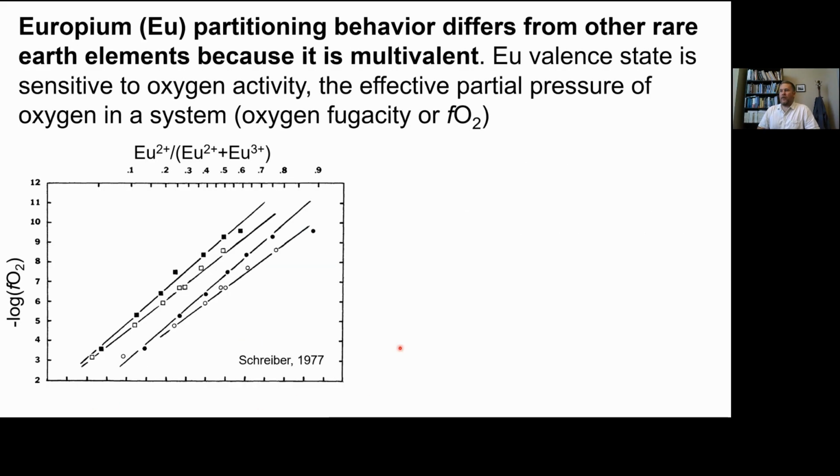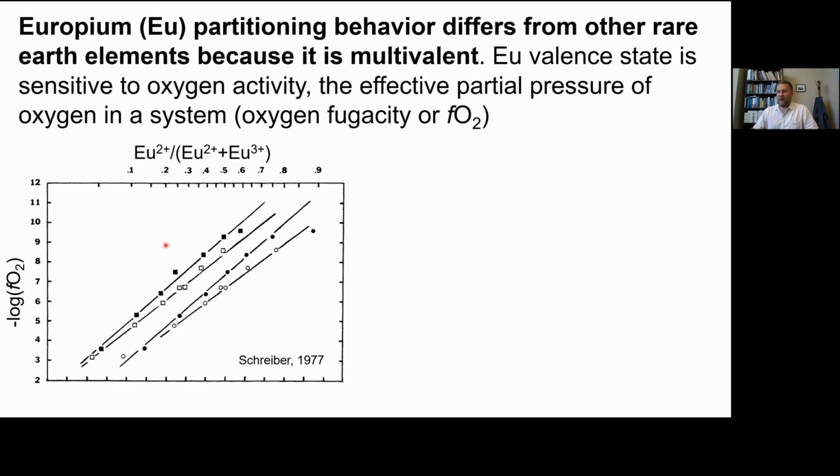Okay, so here I'll briefly talk about why europium partitioning behavior differs from the other rare earths. I already mentioned that it partitions differently according to oxygen fugacity, and that's because it's a multivalent element. So under geologically relevant conditions, it can have a 2+ valence state or a 3+ valence state like the other rare earths.